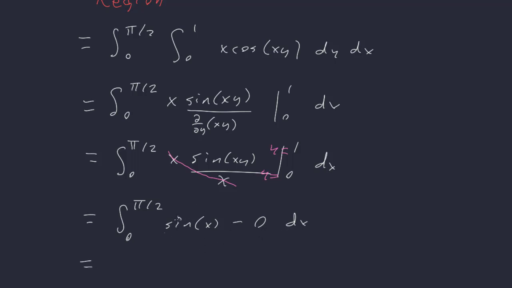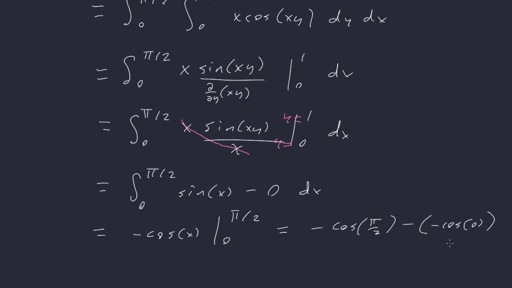The integral of sine is negative cosine, and we're going to evaluate this from 0 to pi over 2. So it'll be negative cosine pi over 2 minus a negative cosine of 0. This is another case where we can't just make the 0 a 1, because that's the pi over 2, that's 0. So it's negative negative cosine 0, so we get 1.